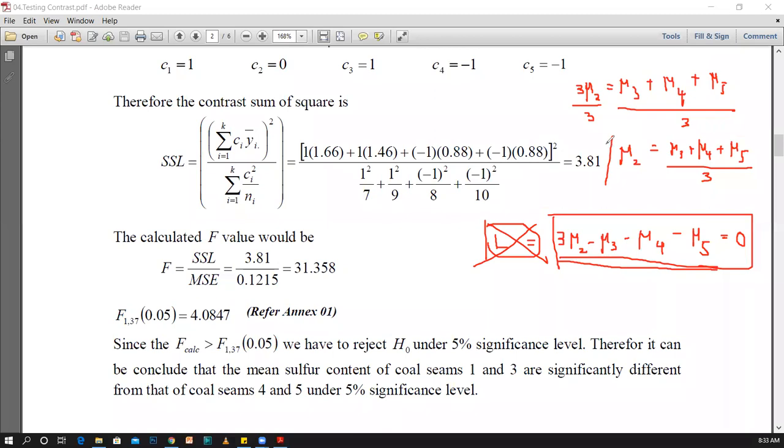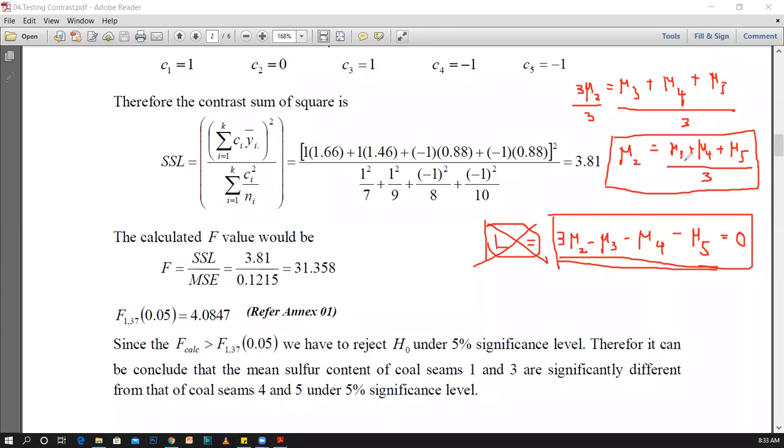Now there is a somewhat meaningful contrast. We can say that the mean sulfur content of coal seam 2 is equal to the average sulfur content of coal seams 3, 4 and 5.